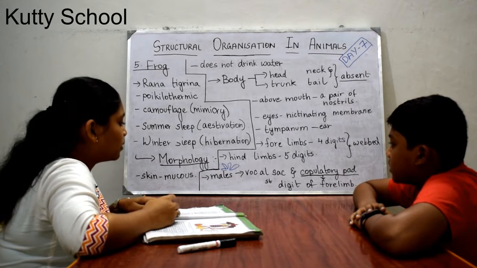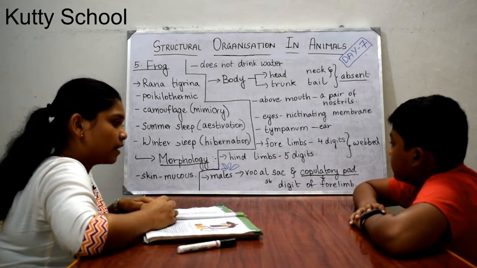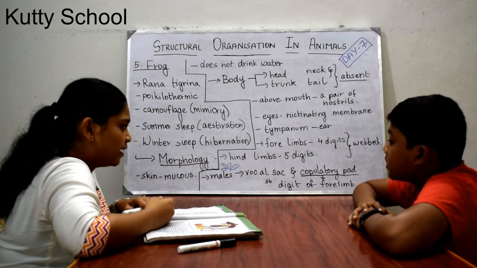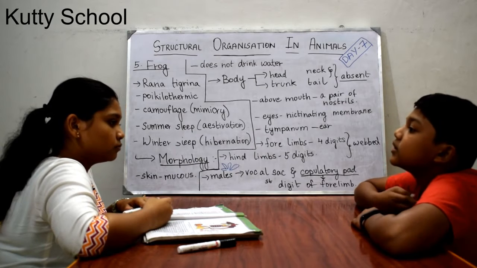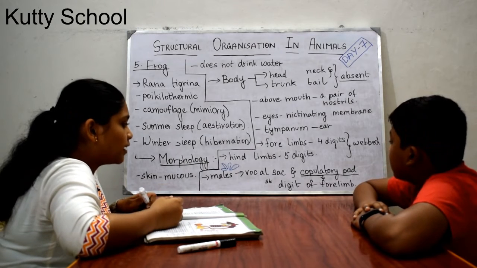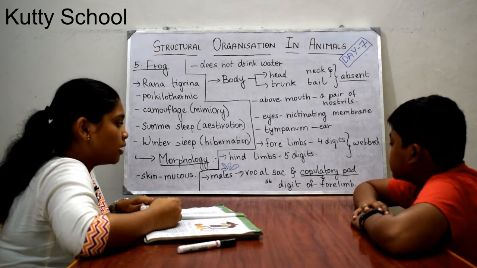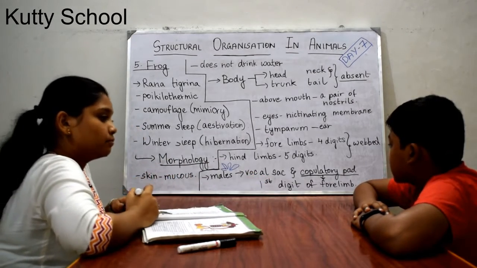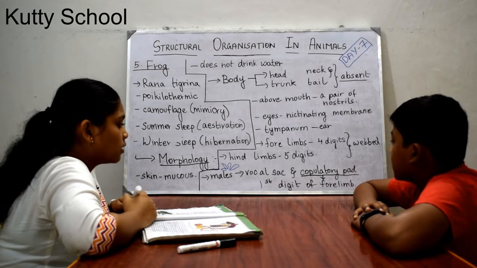Male frogs have a vocal sac to produce sound, and a copulatory pad on the first digit of the forelimb.